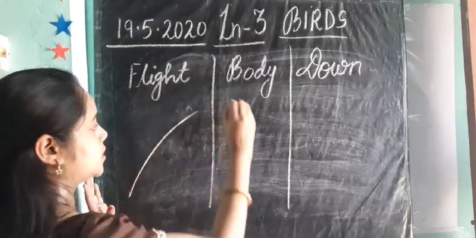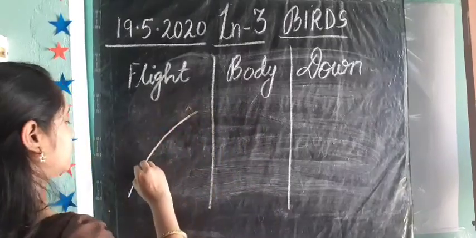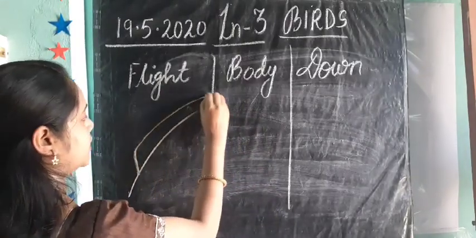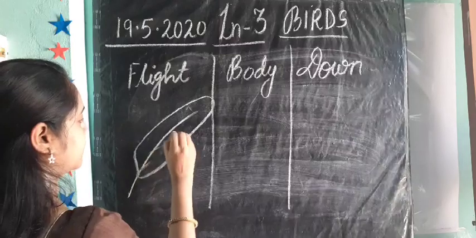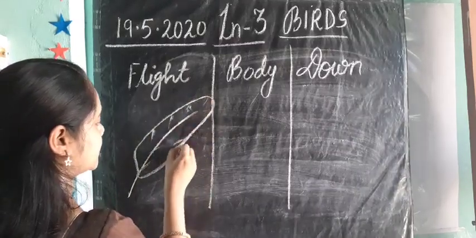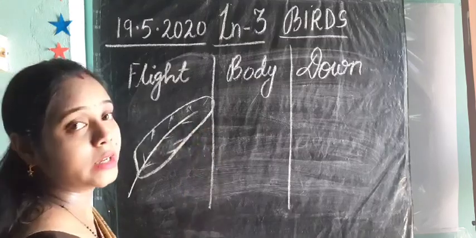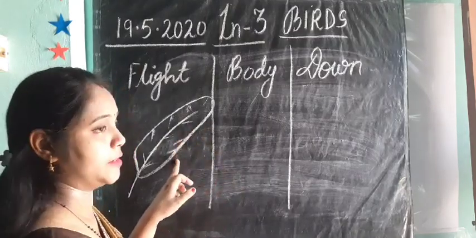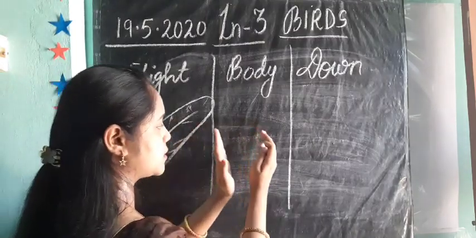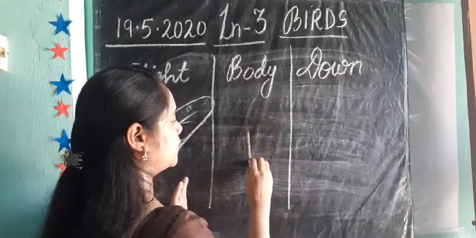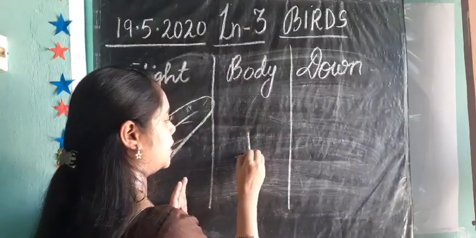So first, flight feather is bigger in size. Okay, you can make it like this. In your copy you have to draw this. Clear? So flight feather, then body feather is smaller than this flight feather.